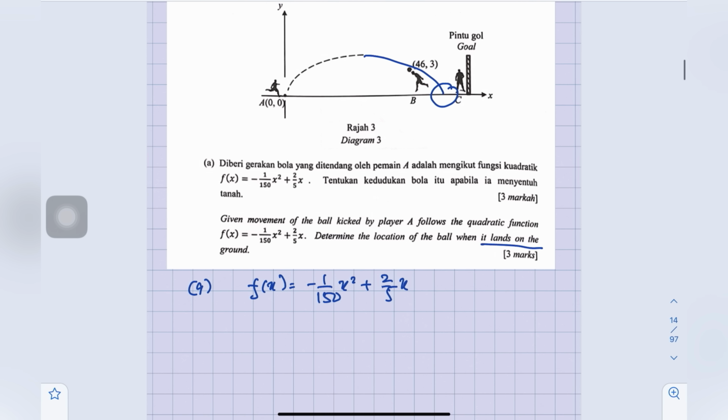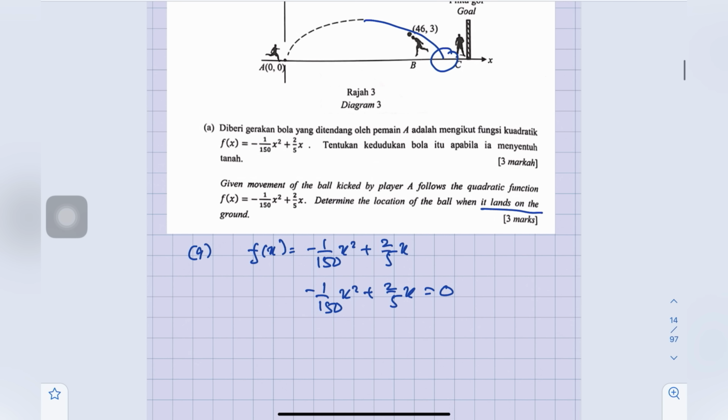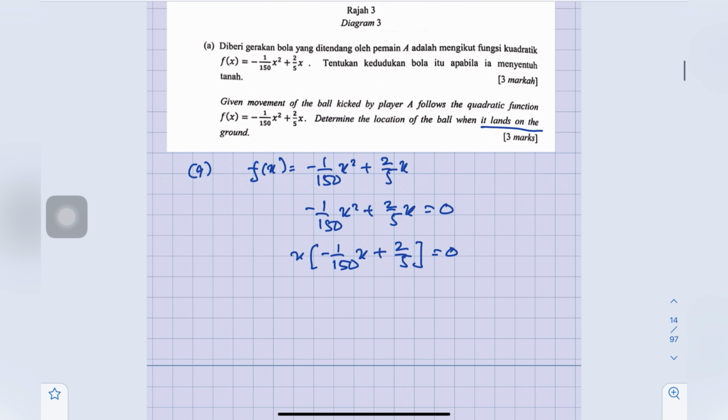So when f(x) equals 0, negative 1 over 150 x squared plus 2 over 5 x equals 0. This is quadratic, so we can factorize this. So x times (negative 1 over 150 x plus 2 over 5) equals 0. Then try to find x.